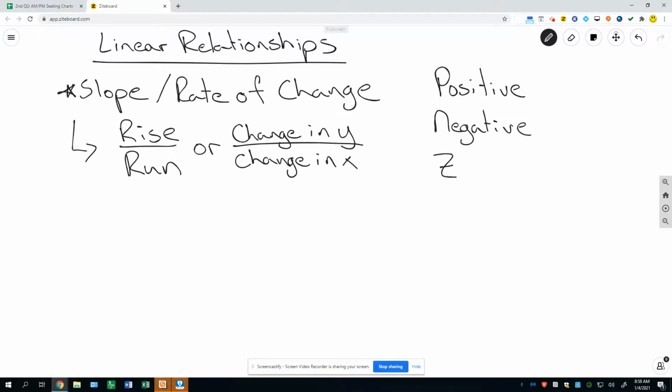We have zero slope, and we have undefined. Now, slope, when you look at it, it's looking at a line on a graph. It's looking at a line on a graph.